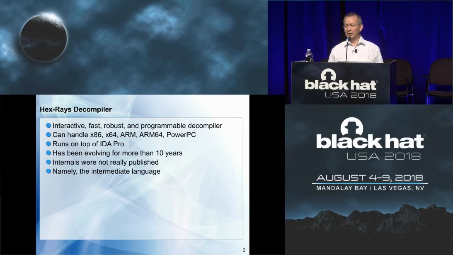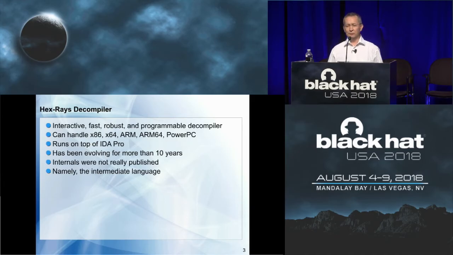As you see, it can handle 5 processors for now. And you see that it handles native code. It is not a decompiler that handles bytecode like Java or .NET, which is also possible, but we focused on native code.